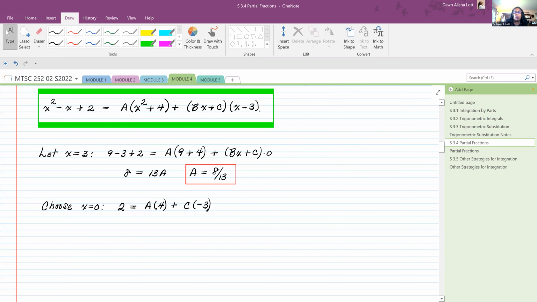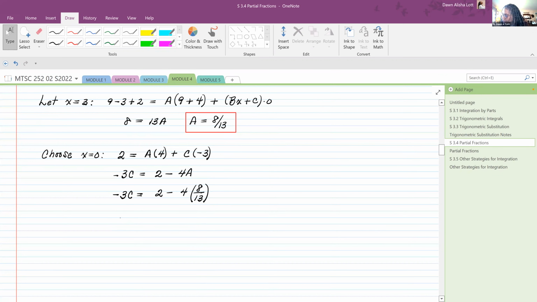So now I get -3C is equal to 2 minus 4A. Okay. So I get -3C is 2 minus 4 times A, which is 8/13. So the denominator I'm going to use is 13.